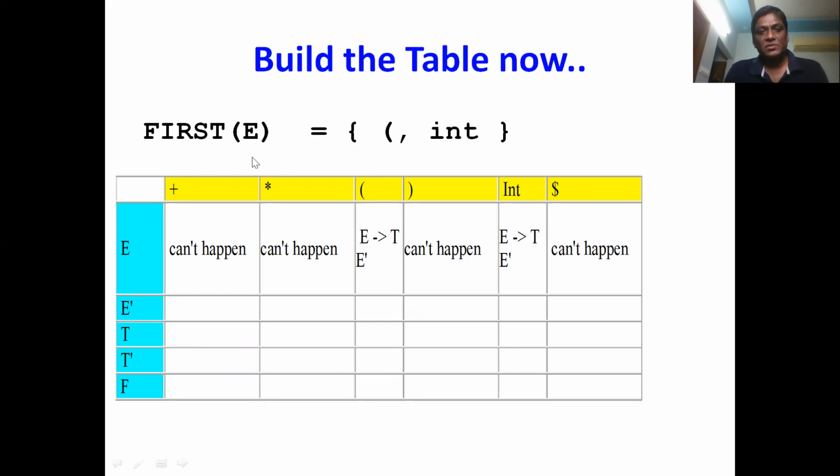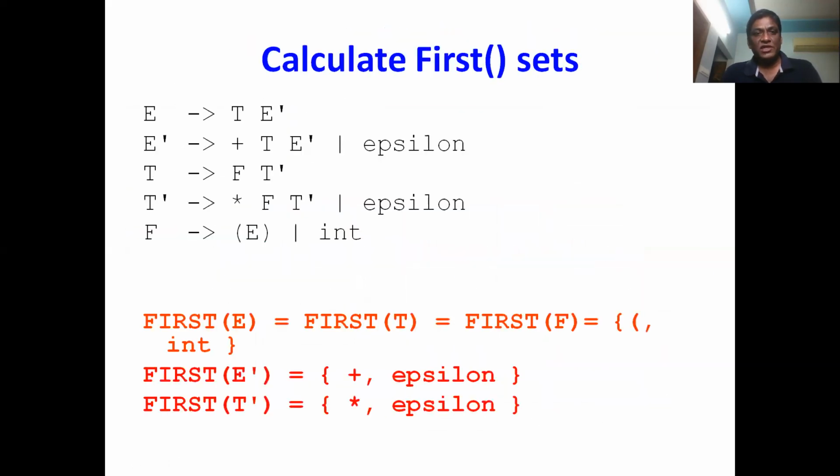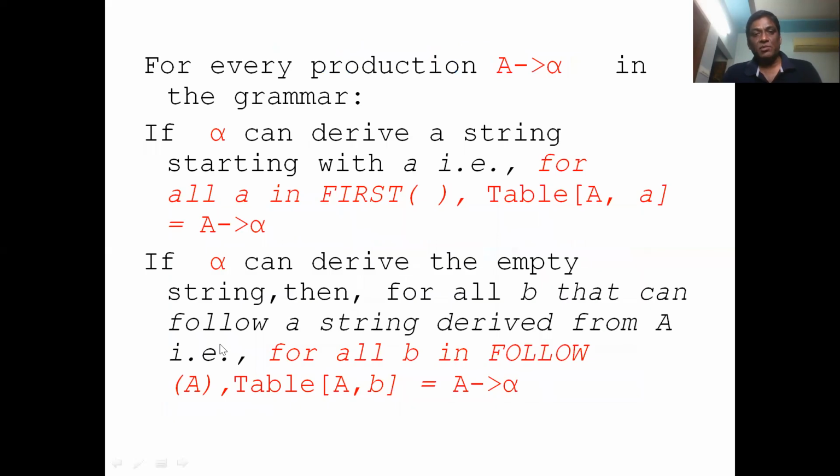So what is that production from which we calculated this first of E? You need to look at the grammar. How did you calculate first of E? First of E is calculated with the help of this production. What is it? E implies TE dash. So substitute this production for every combination of E comma open parenthesis and int in the table.